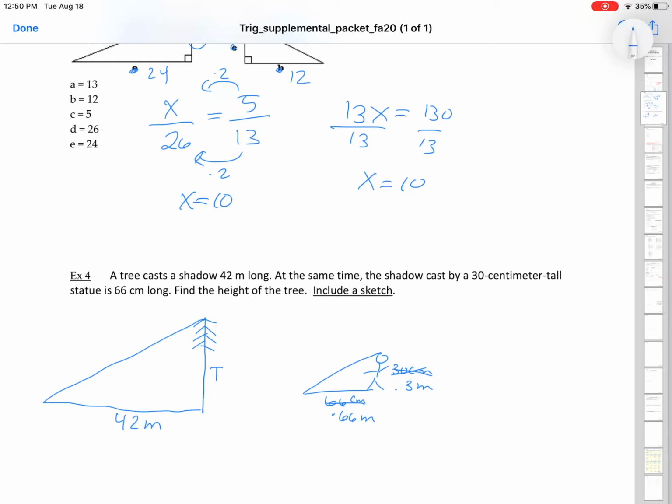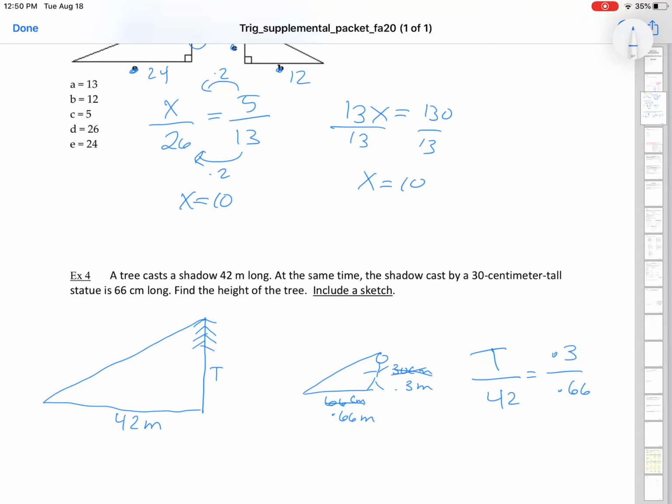I'm at least worried about that. And then we just set it up. I'll put the height of the tree up top because that's what we're solving for. All over 42 has to be the height of the statue all over 66. Now actually it wouldn't have mattered if I converted or not because it's all ratio based, but I just wanted to do that in case somebody thought that there might be a problem.